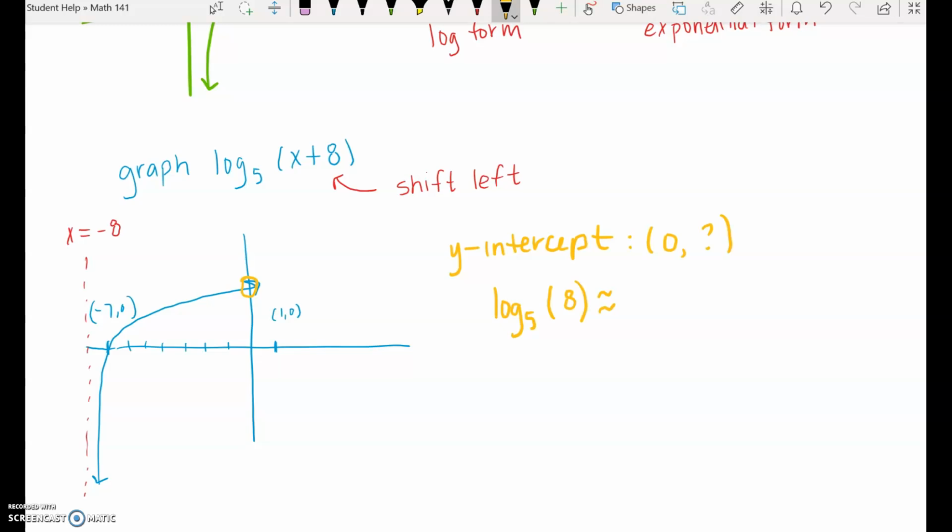I'll plug that into the calculator. Log base 5 of 8. And I'm getting about 1.3. So this graph should probably be a little bit lower, right? Let's erase this. Let's redraw my axis here. And it's probably going to be more down here.